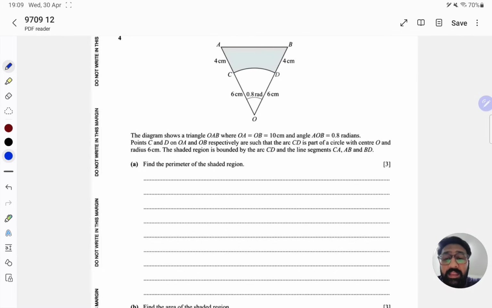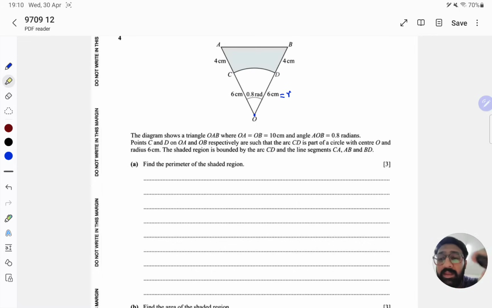Points C and D on OA and OB respectively are such that arc CD is part of a circle with center O. So basically he is saying that this 6 centimeter is the radius of the circle. The shaded region is bounded by the arc CD and the line segments AC and BD. We need to find out the perimeter of the shaded region.